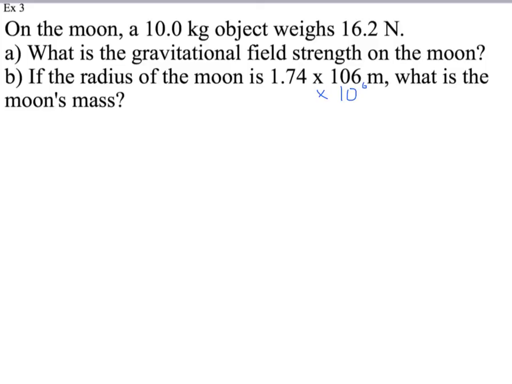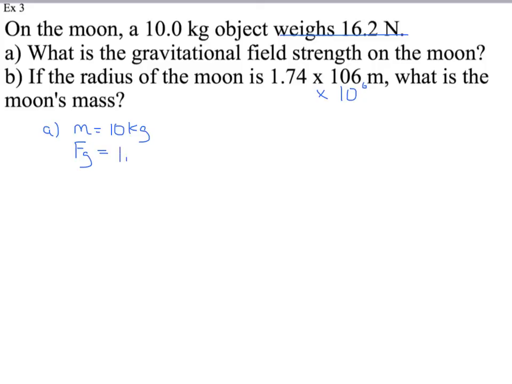Okay, so here's what we know. Let's look at part A. We know the mass of our object, that's 10 kilograms. We also know the weight of the object, and just keep in mind, anytime it says an object weighs something, they're telling us Fg. Whoops, this is not that.